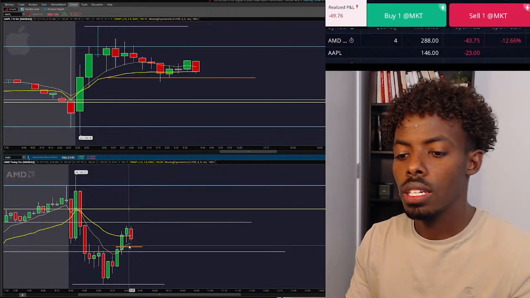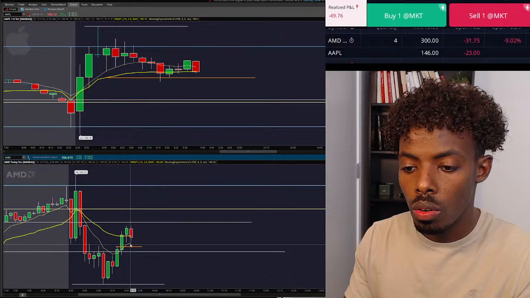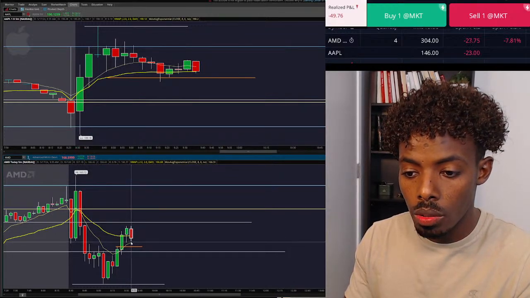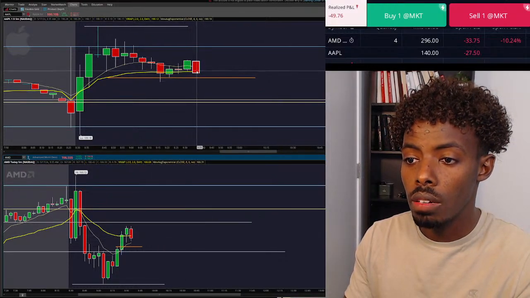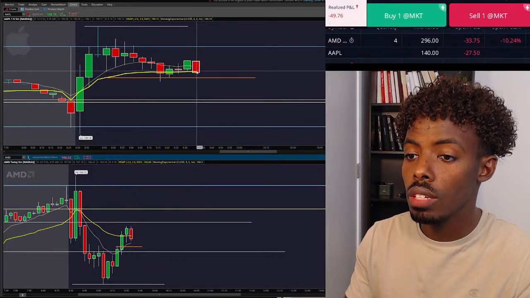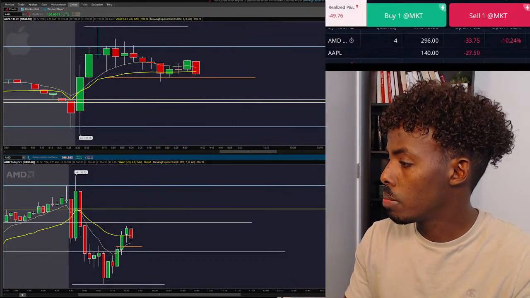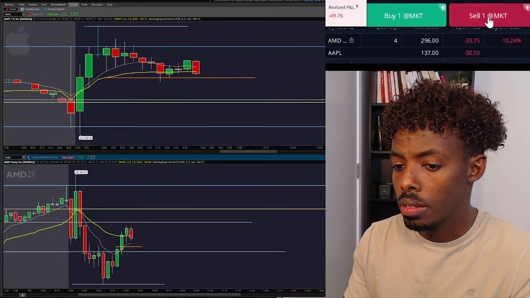Okay, is this going to hold? Is the ADMA going to hold as it did right here? We will see. Right now, Apple doesn't look good in holding the VWAP, so let us prepare to accept this loss for Apple.